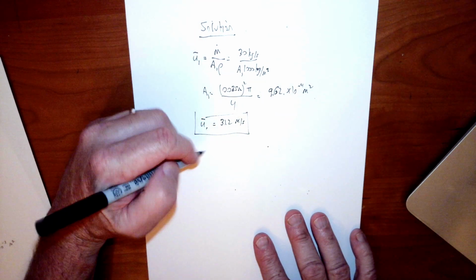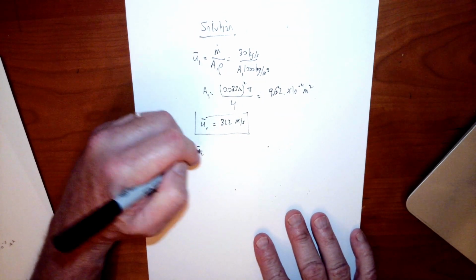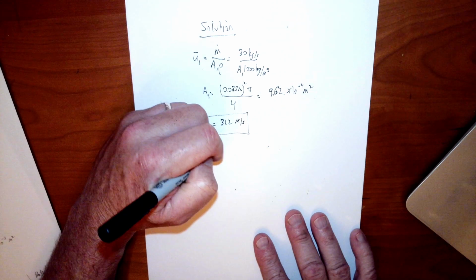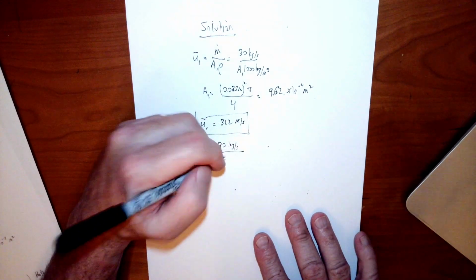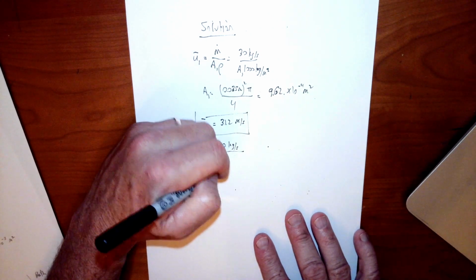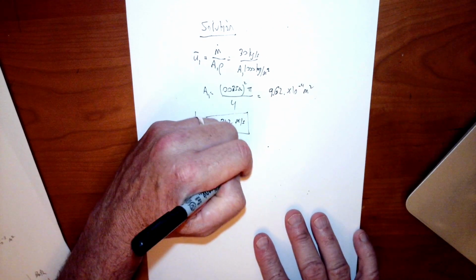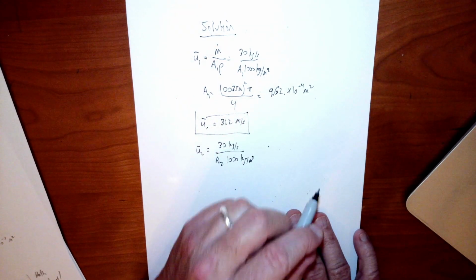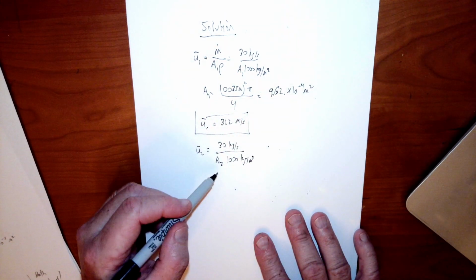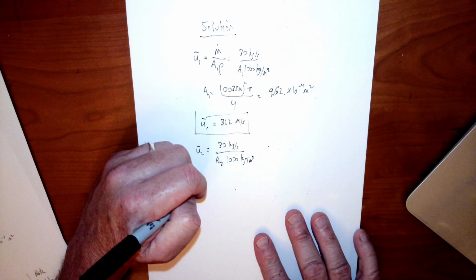For U2, I have a larger diameter pipe, so I'm expecting a slower velocity. Just say that out loud. Make sure you use your engineering common sense as you punch things into your calculator. Make sure that things come out the way you expect them to, or the way they have to from a physical point of view. So we have the same formula, except A2 has changed.